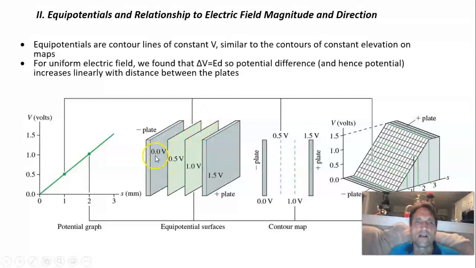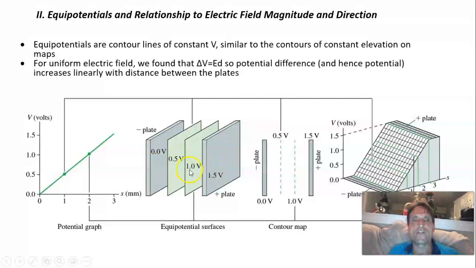And so if the negative plate of the battery is at 0 volts and the positive plate is at 1.5 volts, then about 1/3 of the way between the plates, the voltage is going to be 1/3 of the way from 0 to 1.5, which is 0.5 volt. And 2/3 of the way from the negative plate to the positive plate, the voltage is going to be 2/3 of the way from 0 to 1.5.